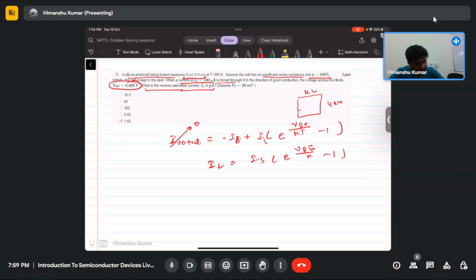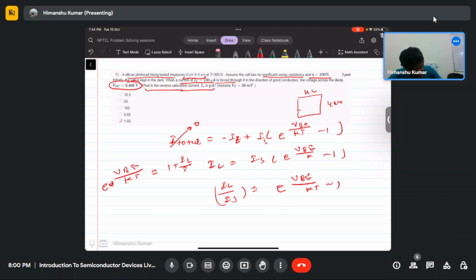If you bring this over, IL by IS equals exponential of VBE by KT minus 1, then exponential of VBE by KT equals 1 plus IL by IS.